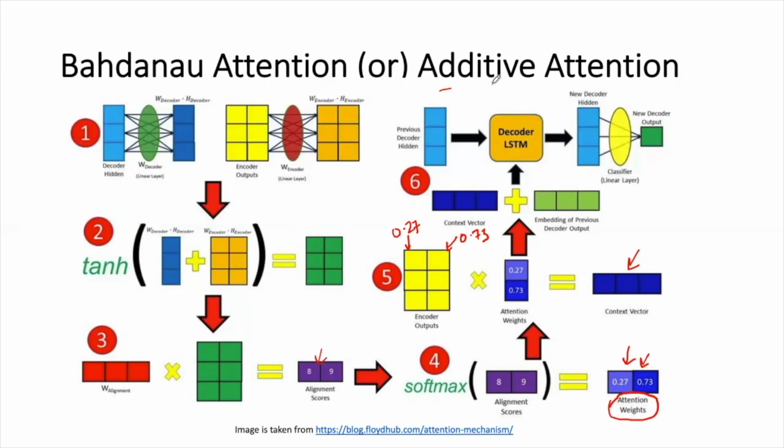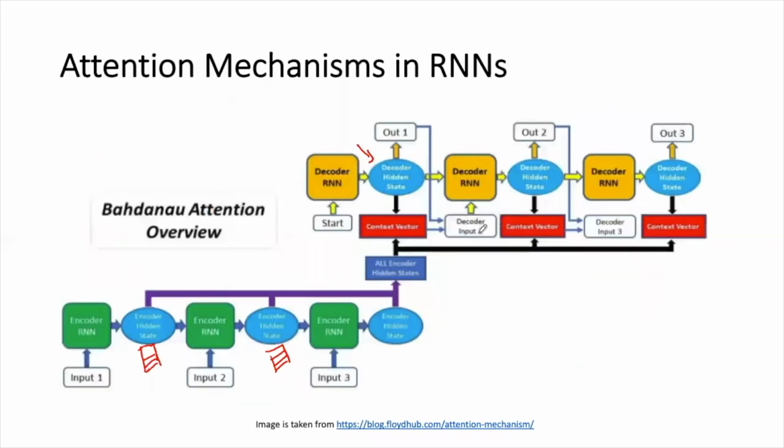Once we have this context vector, we add it onto the embedding. If we look at sequence to sequence models, we don't have this portion, the context vector. We just pass on the vector representation of the previous word as an input to the next timestep.